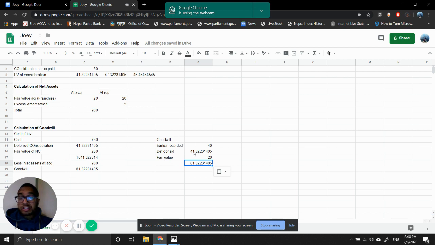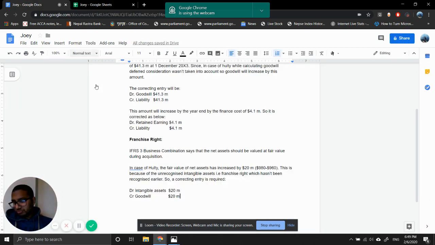So it always should match. It's always good to check at the side as well. Okay, so earlier they had recorded a goodwill of 40. Goodwill has changed by this amount, right? They had not recognized it, and likewise the intangible assets had not been recognized. That's why it will change by that amount. Okay, anything else?